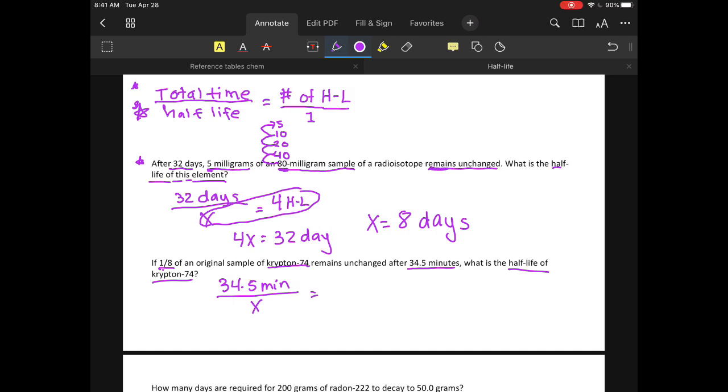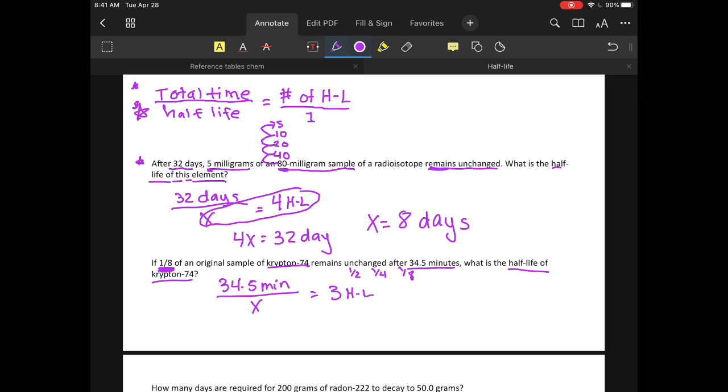And I need to know the number of half-lives to solve this, and they said that 1/8 remains. So don't forget, after 1 half-life, half remains. After 2 half-lives, 1/4 remains. After 3 half-lives, 1/8 remains. So that means that if 1/8 remains, doesn't matter what sample we're looking at, 3 half-lives have passed.